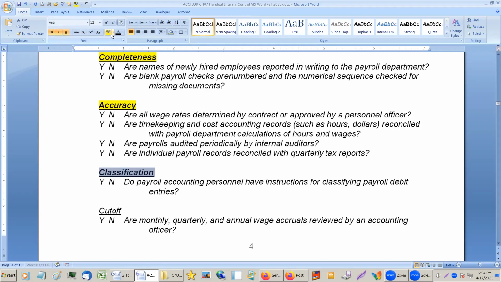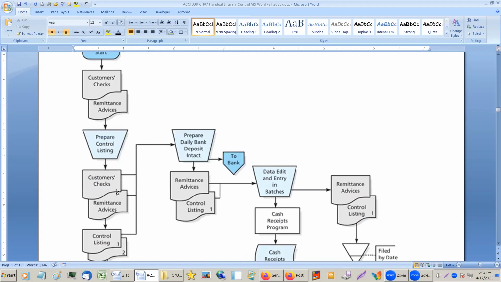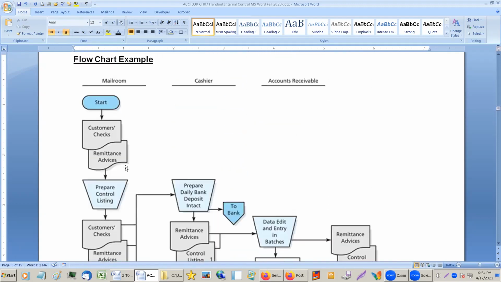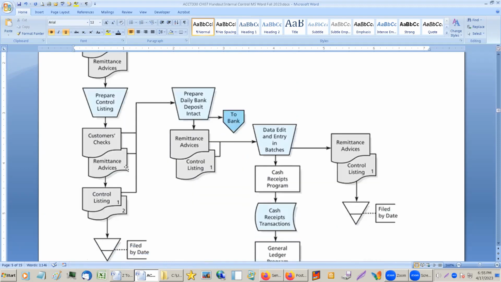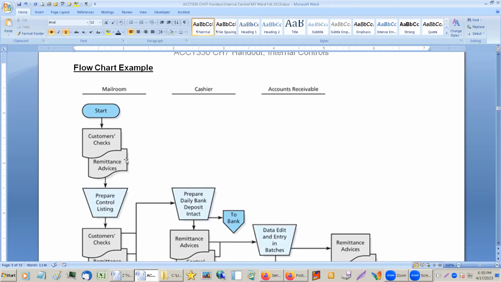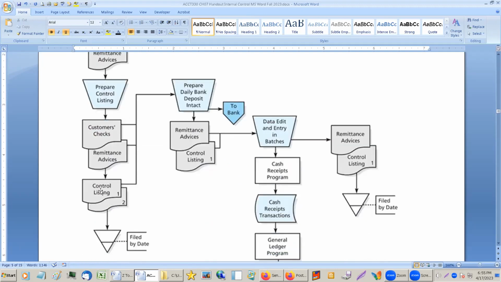And these are some more of... okay, this is a flow chart. So a flow chart is where you give a sort of diagram of the flow of the various different types of approvals, the different types of documents, and that sort of thing.